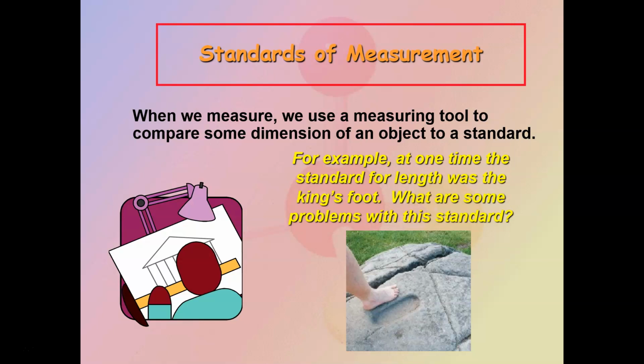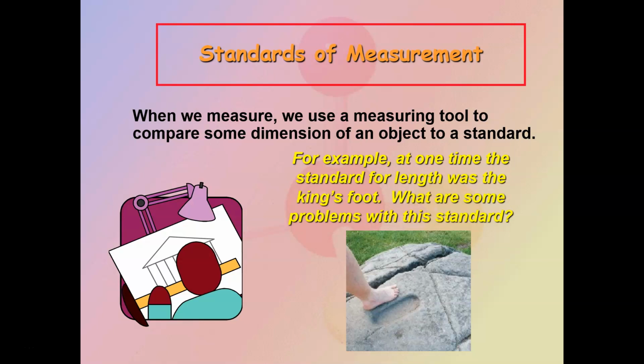So when we measure, we are using a measuring tool to compare some dimension of an object to a standard. This is really good because at one time, the standard for length was the king's foot. So this meant if the king was young and was growing, the king's foot size kept changing.